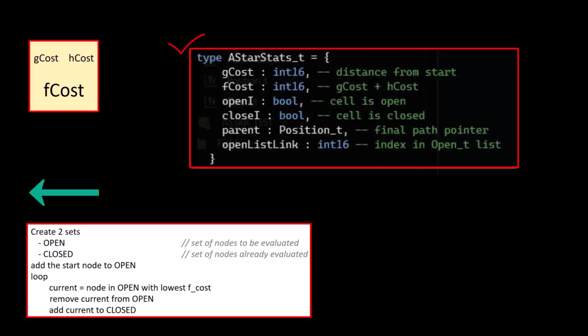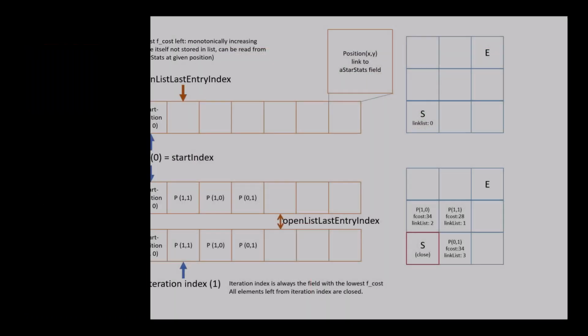With this in mind, this structure has been created to store all relevant data. As you can see, both costs, G cost and F cost, plus the path indicator parent are stored. In addition, you see the two flags, open and closed, and a link to the open list where this element is located if the open flag is true.